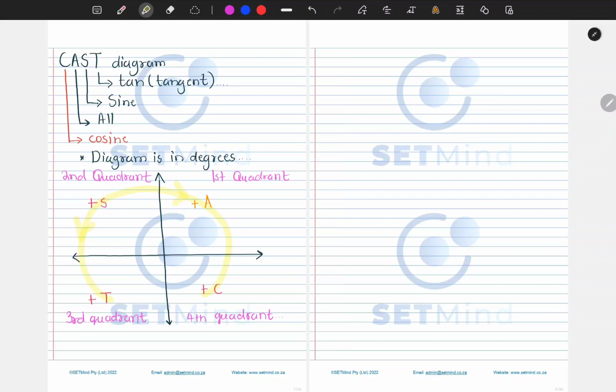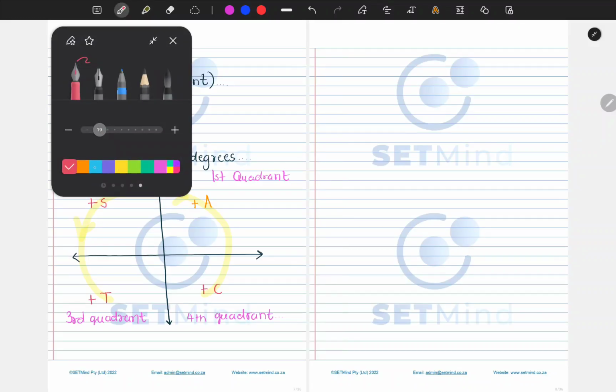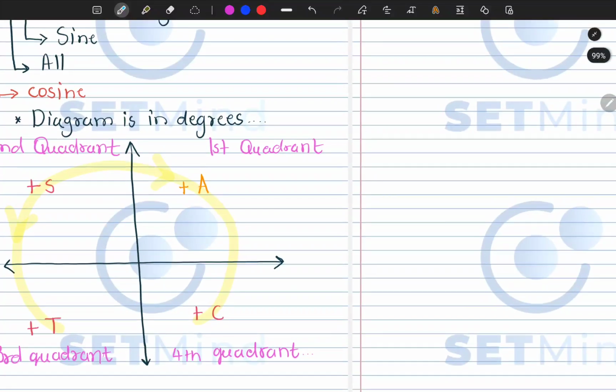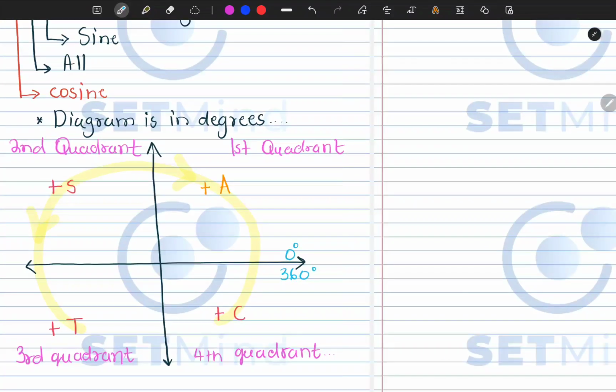So for any angle in quadrant 1, when you take sine or cos or tan of that angle, you'll get a positive number. What are the angles which describe the quadrants? Remember, we're still working in degrees. The angle on this side is 0 degrees, and here the angle is 360 degrees.